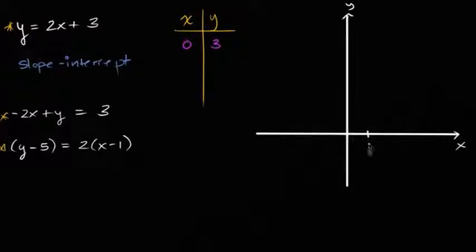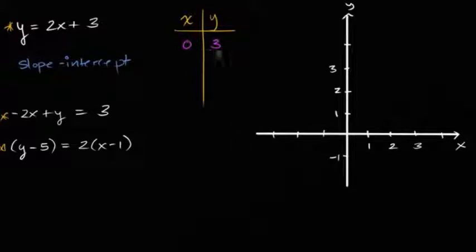So this is x equals 1, x equals 2, x equals 3. This is y equals 1, y equals 2, y equals 3, and obviously I can keep going. This would be y is equal to -1. This would be x is equal to -1, -2, -3, so on and so forth.